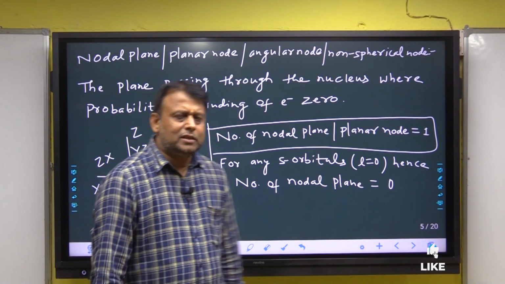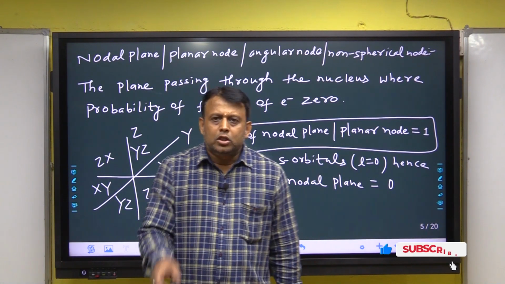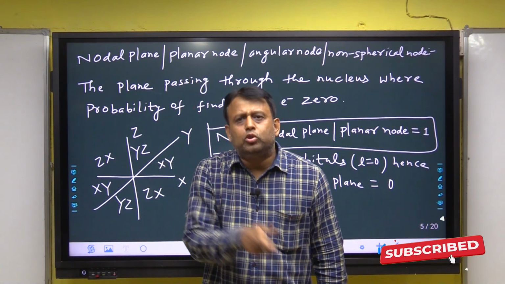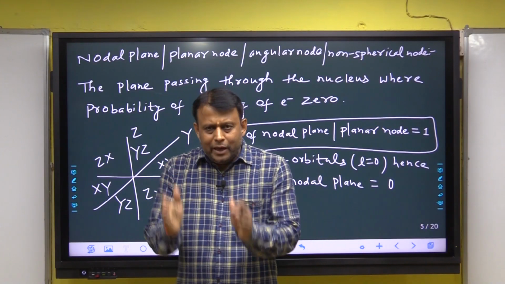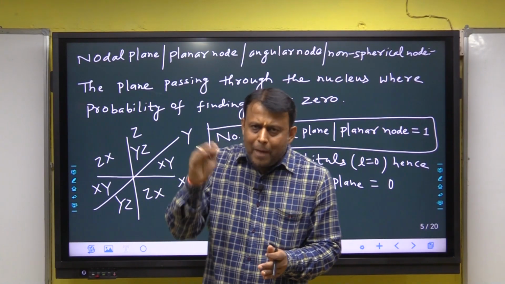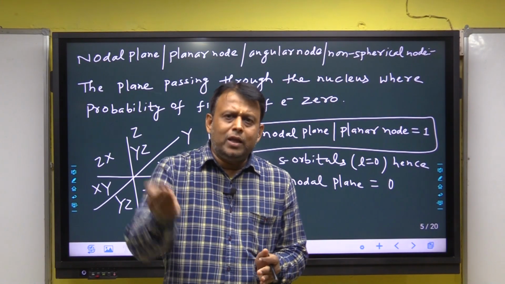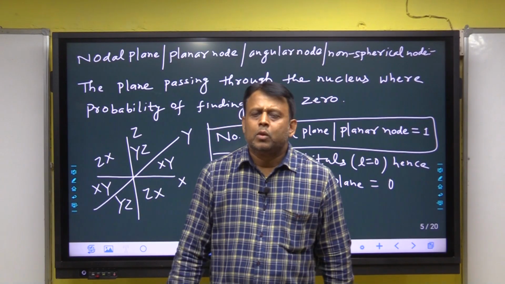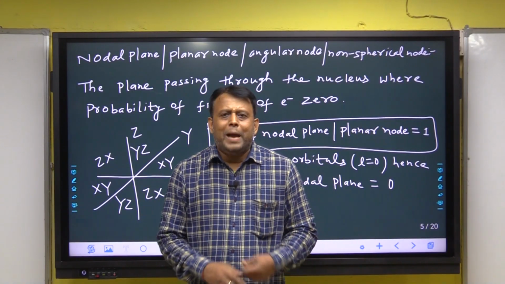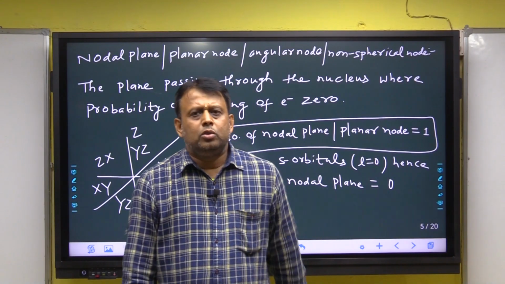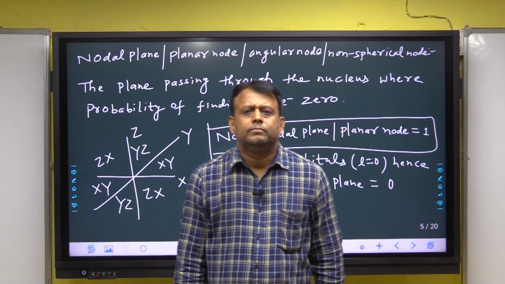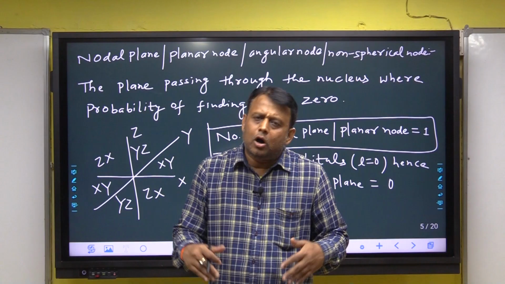And the definition is, listen carefully, the plane passing through the nucleus of an atom where the probability of finding an electron is 0 is known as planar node or nodal plane.